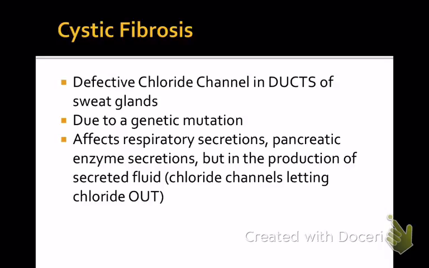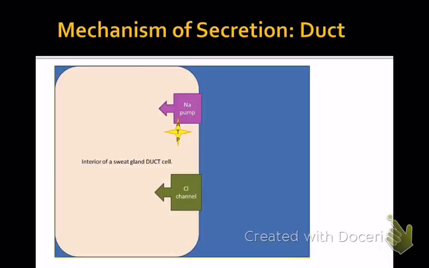So looking again at that picture, if the duct is not working, or if the chloride channel in the duct is not working, then what else is not going to work? If I need chloride to follow the sodium to maintain electrical balance, then I can sit there and try to pump sodium all day, but if the chloride won't follow it, I can only pump a small amount of sodium.